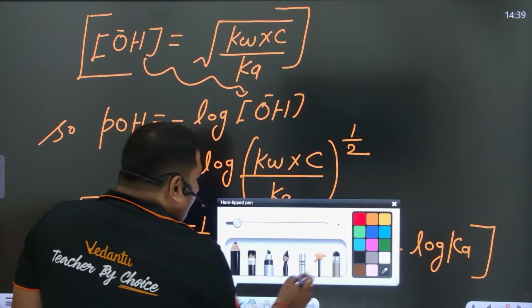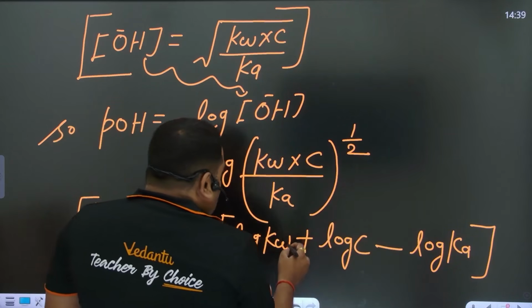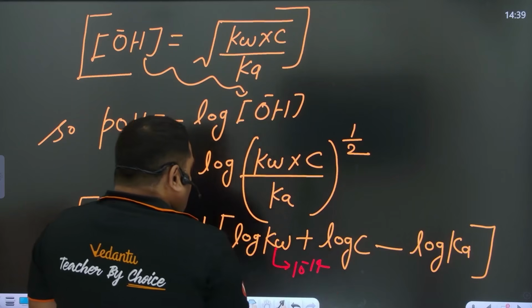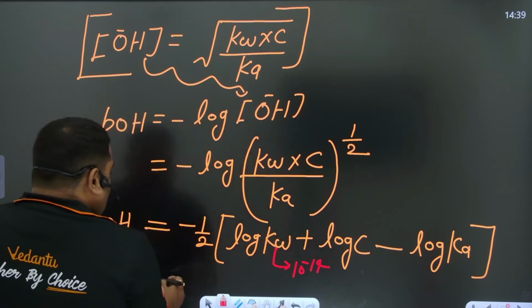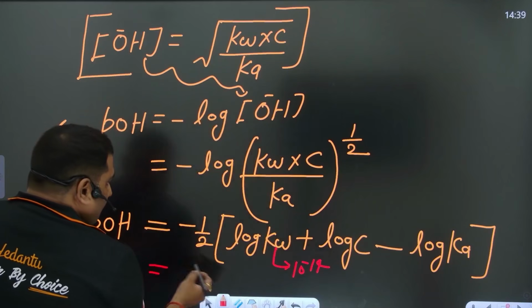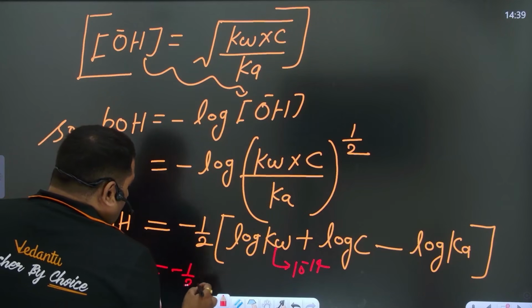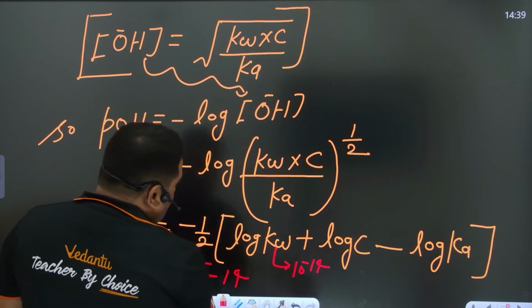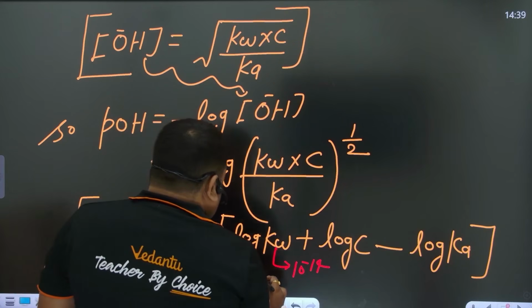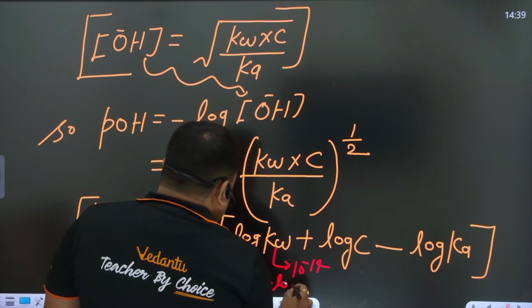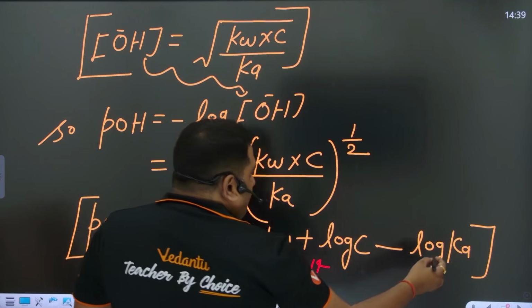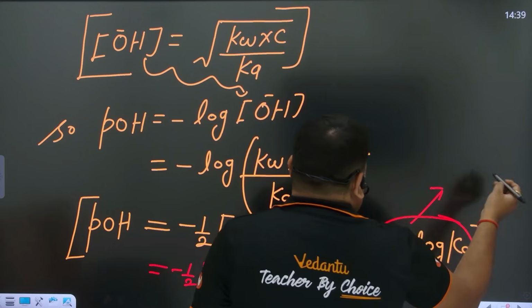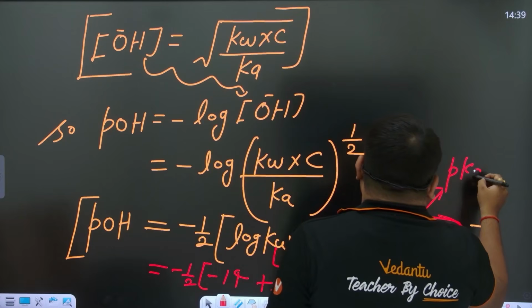Now we have to put the value of Kw. The value of Kw is 10 to the power minus 14, right? So if you put this value here, then you get minus 1 by 2, and in bracket this is minus 14, because log 10 is 1, plus log C, and this minus log Ka is equal to what? pKa, right?